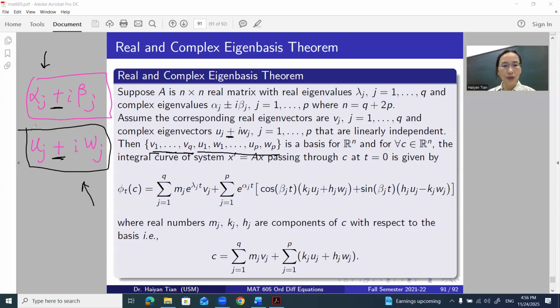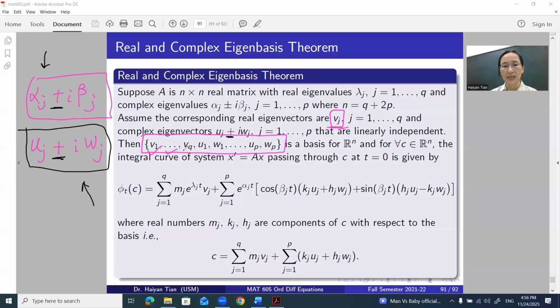However, if we do not want to use these complex vectors in the set, we want to use real valued vectors. So here is a set of real valued vectors: v1, v2, up to vq, those eigenvectors corresponding to the real eigenvalues.